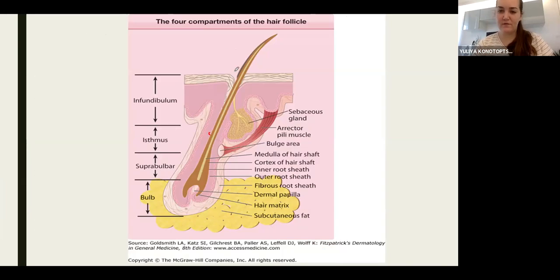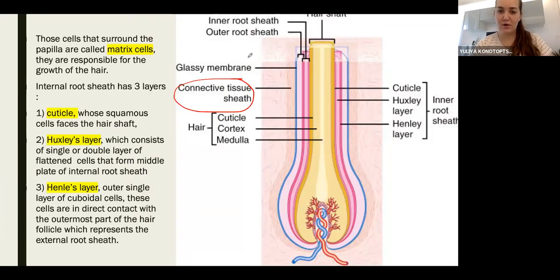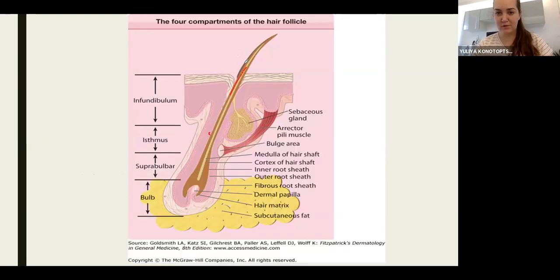If your hair is outside of the hair follicle, like here, the most outer is the glassy membrane. So when your hair comes out from the hair follicle, it kind of leaves the connective tissue behind. So it fully exposes your glassy membrane. Okay, so if you're inside, connective tissue sheath is the most outer. If you're outside, this is going to be the glassy membrane.